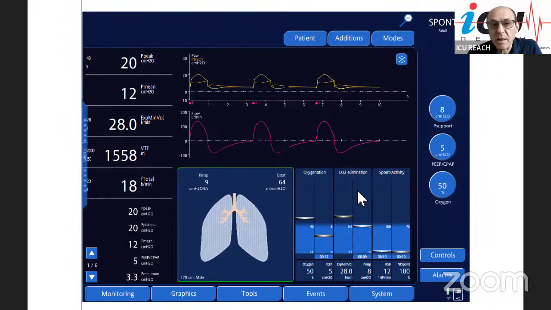And you're only inputting into the system, number one, the size of the tube, number two, the length of the tube. And the length, by the way, is fixed. It's either ET tube or tracheostomy tube. So it's either short or long.